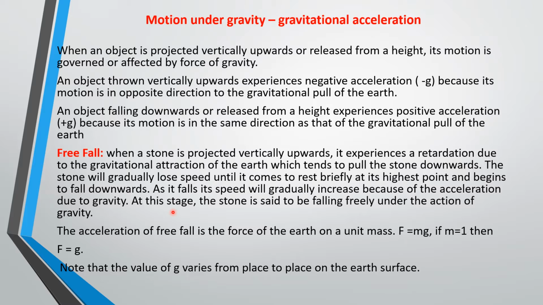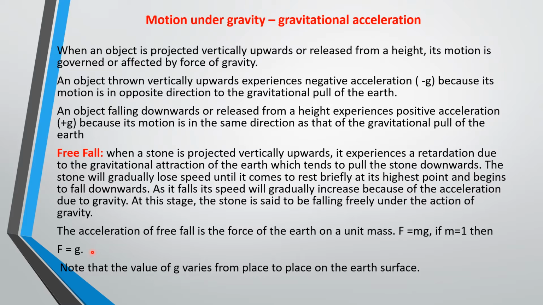The acceleration of gravity due to free fall is equal to the force of gravity, because if the mass of the body is taken to be unit, which is 1, then from the equation of force, F = mg, force is equal to mass times acceleration due to gravity. So if mass is equal to 1, then force will be equal to g.